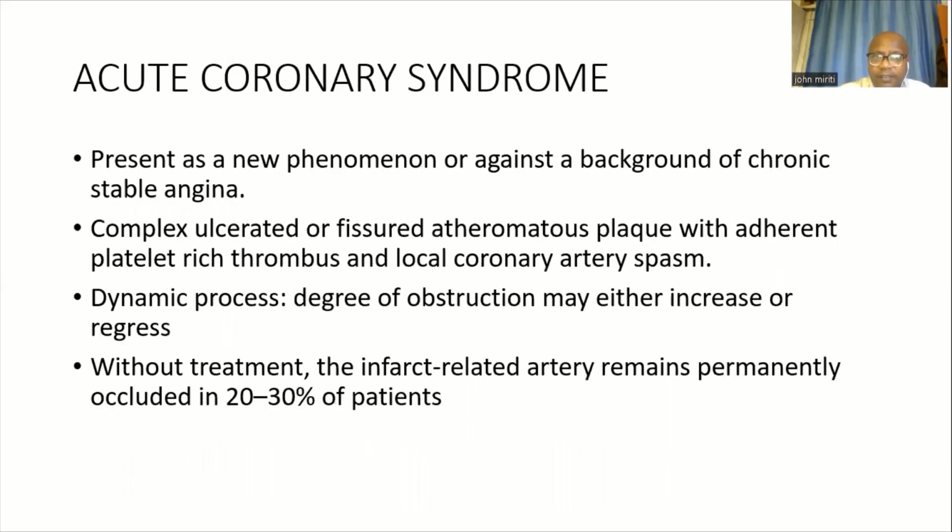So it presents as a new phenomenon or against a background of chronic stable angina. Complex plaque with superimposed thrombus and local coronary artery spasm. It is a dynamic process: the degree of obstruction may either increase or regress. Without treatment, the infarct-related artery remains permanently occluded in 20 to 30% of patients with acute coronary syndrome. The point here is that a patient can have chronic stable angina or a chronic coronary syndrome, and yet can develop acute coronary syndrome.